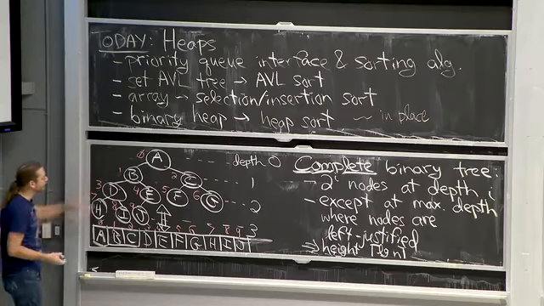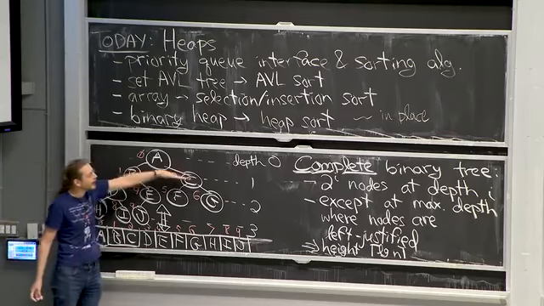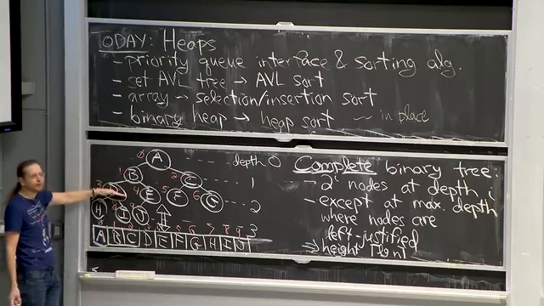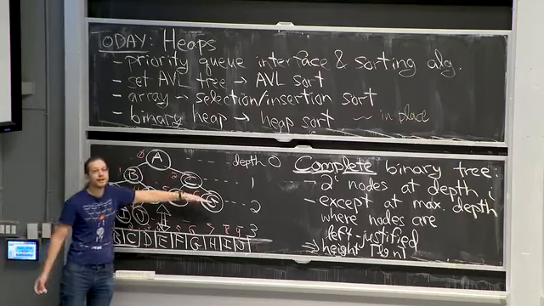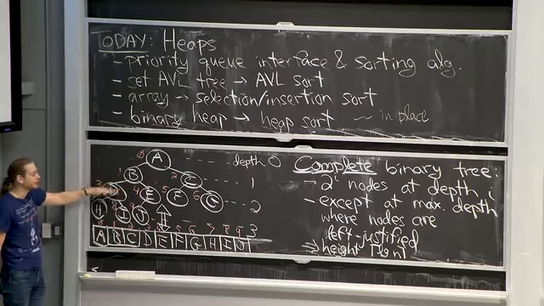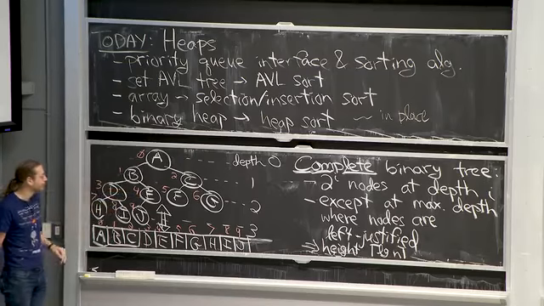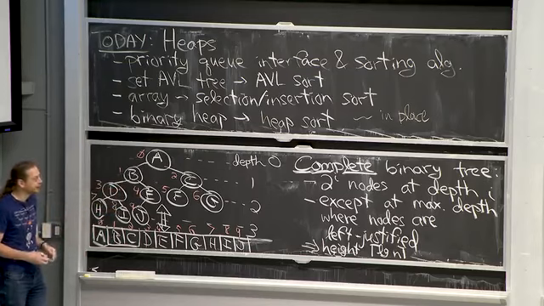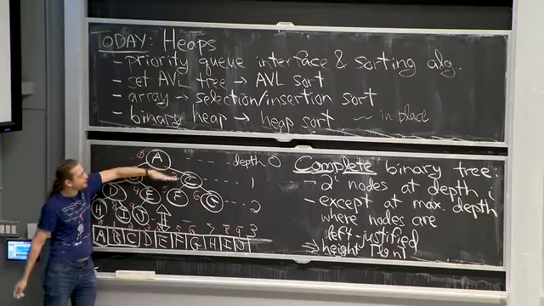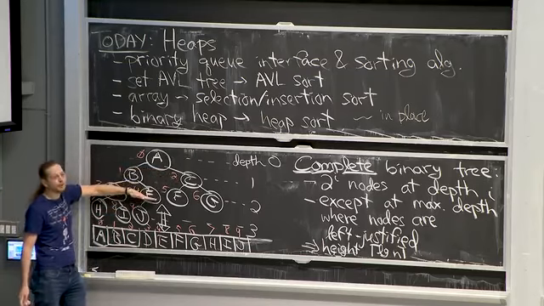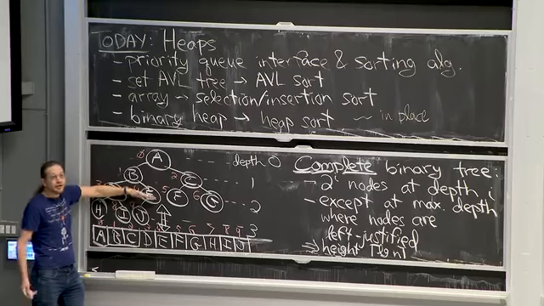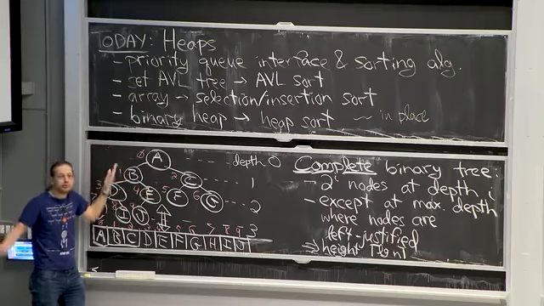And the intuition here is, well, I have 2 to the i nodes at level i. If I want to go to the child level, there's 2 to the i plus 1 nodes down there, right? Exactly double, except the very last one, but that won't really matter. If there is a left child, it will behave the same. And so intuitively, I have this space of size 2 to the i. I have to expand it to a space of size 2 to the i plus 1. So I should multiply by 2.